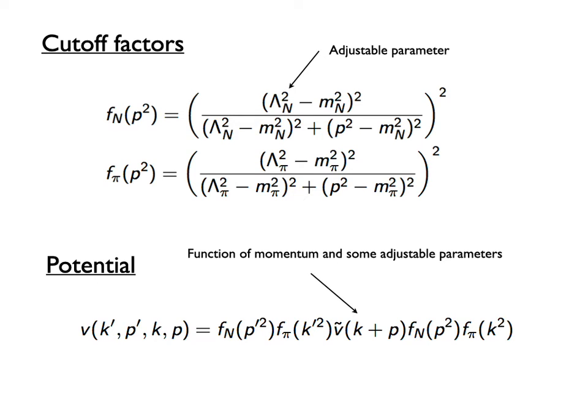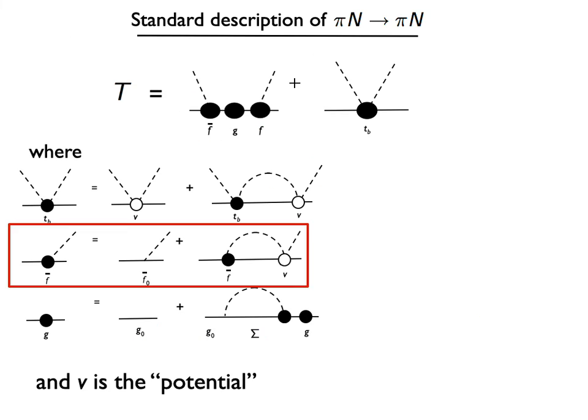To set the adjustable parameters, which so far are unknown quantities, we put the cutoff factors and potential into the standard equations for pion-nucleon scattering, and then adjusted the parameters until these equations produced observables in reasonable agreement with experiment.